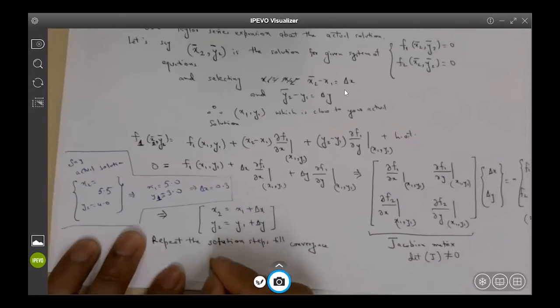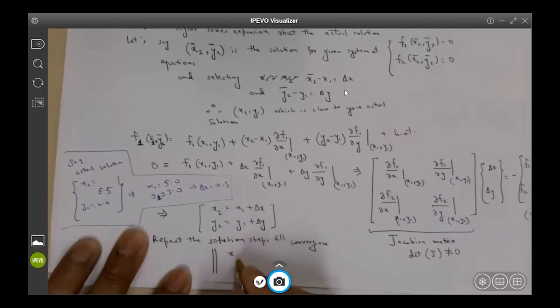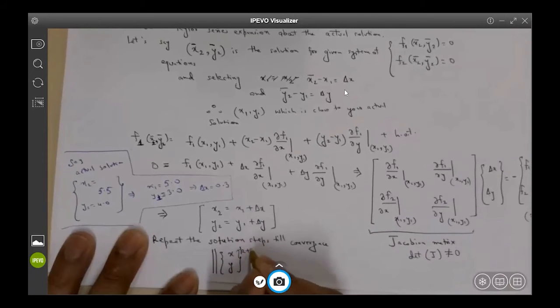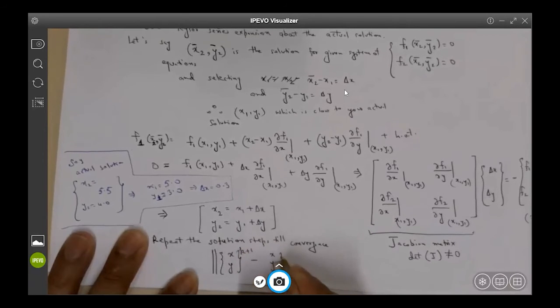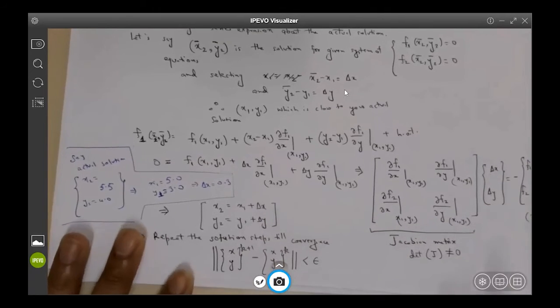Yes, and the tolerance is given by this norm, where the norm of the x and y vector for the k plus 1th iteration step minus the x and y vector for the kth iteration step has to be less than the tolerance value.